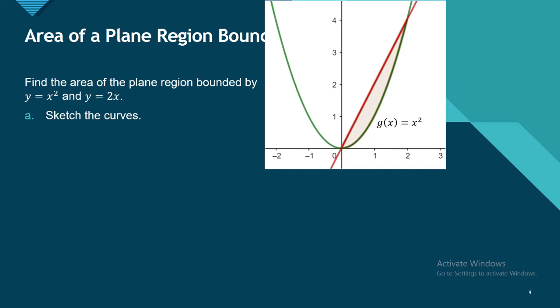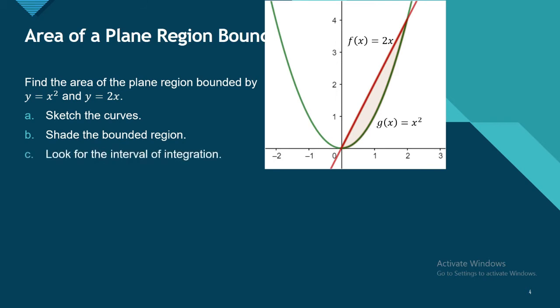So g of x is the curve that is below the plane region, the function that bounds the region from below, whereas f of x, which is equal to 2 times x, is the function above the plane region. The shaded region is the region we are working on. What is the area of that plane region?